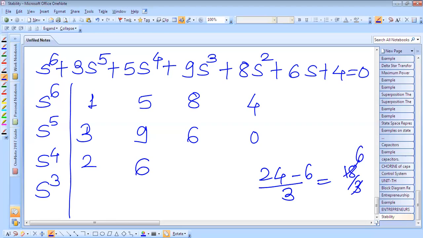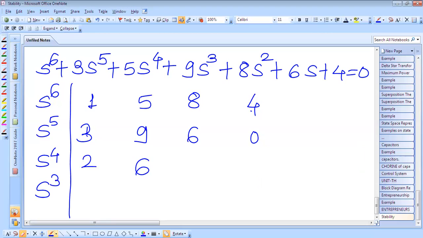Now the next element we have to find is 3 into 4, 12, minus 0, by 3. So 12 by 3, what is coming? 4. So here it is coming 4.